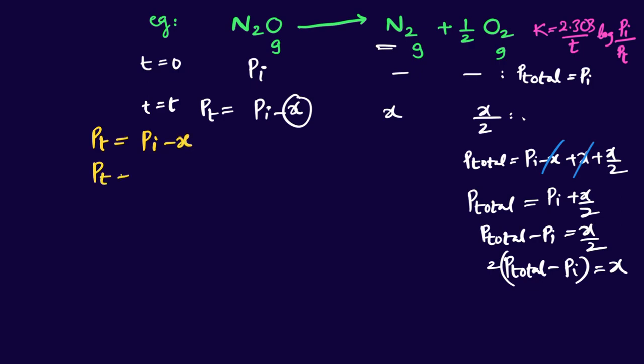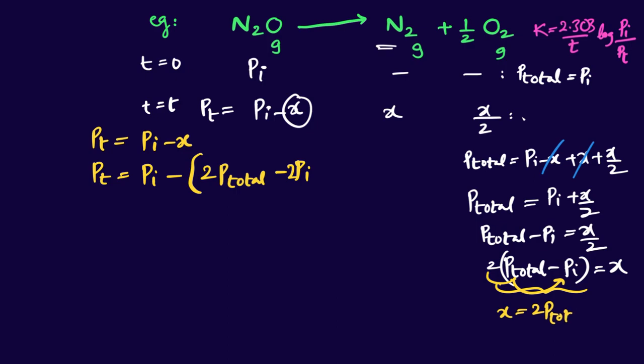Pressure at T time is equal to Pi minus, what is here? X value is 2P total minus Pi. It means this is multiplied to this one also, this one also. Therefore, I can write directly 2Pi. Otherwise, I can write here x is equal to 2P total minus 2Pi. Therefore, it is 2Pi.